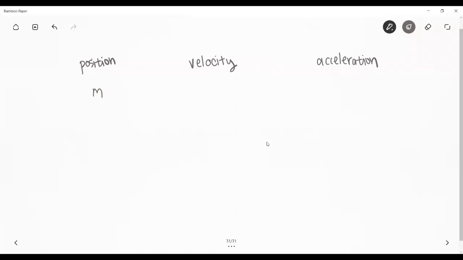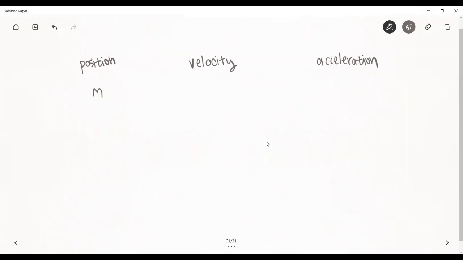Velocity, when you think about maybe real life situations where you've heard of velocity, maybe a car might come to mind. And the units we use are miles per hour. But in physics, it would be a different set of units.